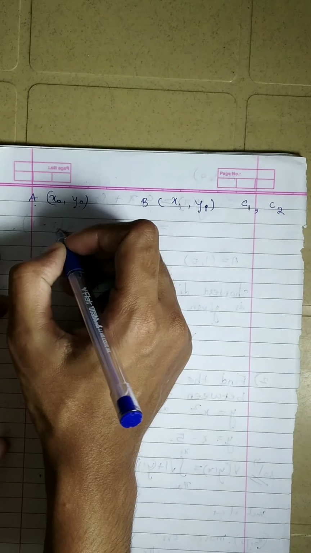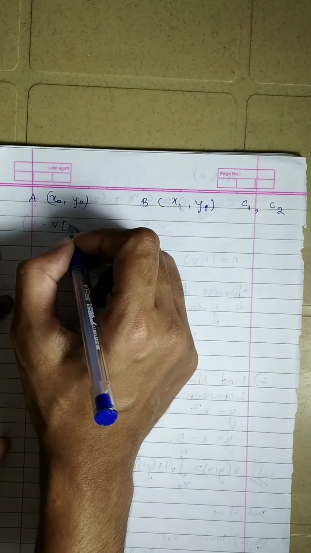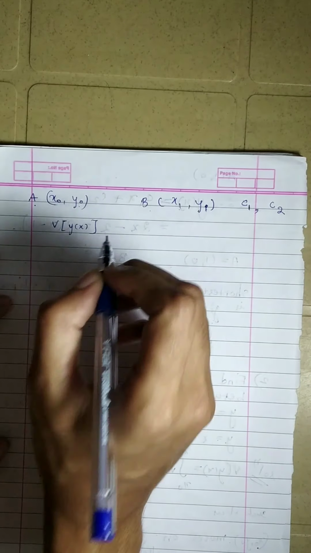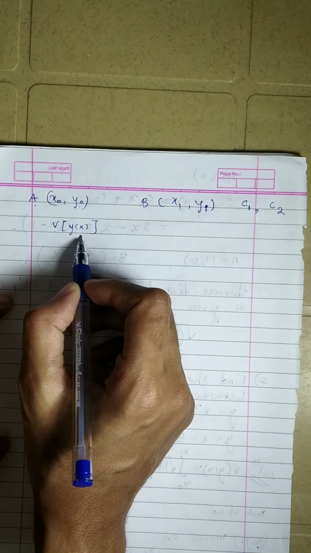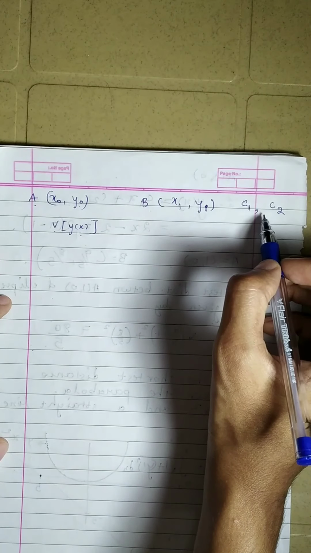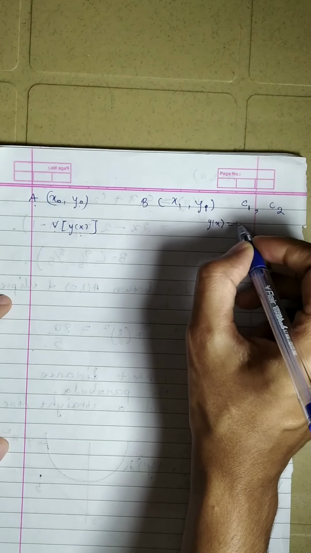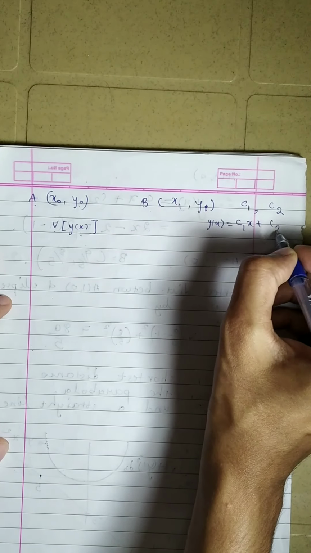So what we did was, to find out the shortest distance, we evaluated V[y(x)] by taking y(x) to be equal to this curve. That means whatever we have found out, y(x) equal to c1x plus c2.